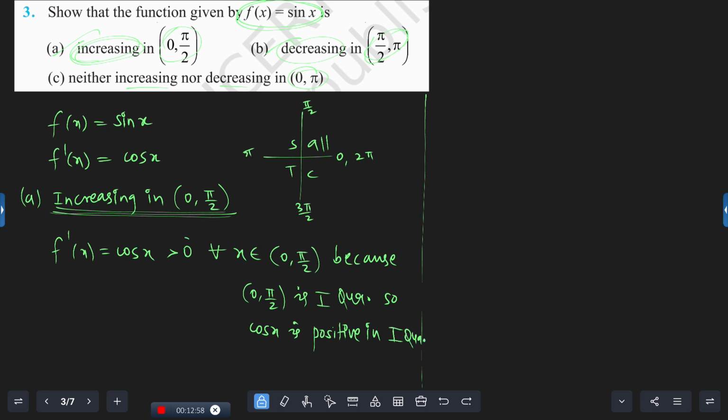That is enough. So it is greater than 0, and this is the reason why it is greater than 0.